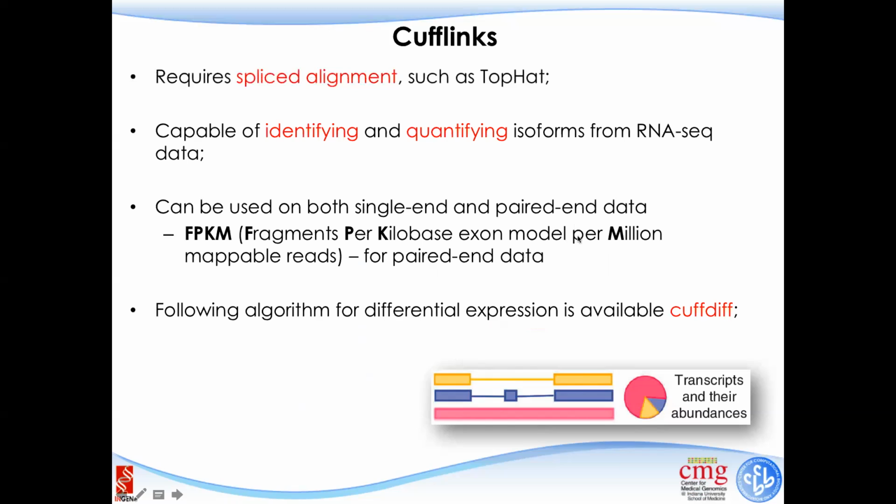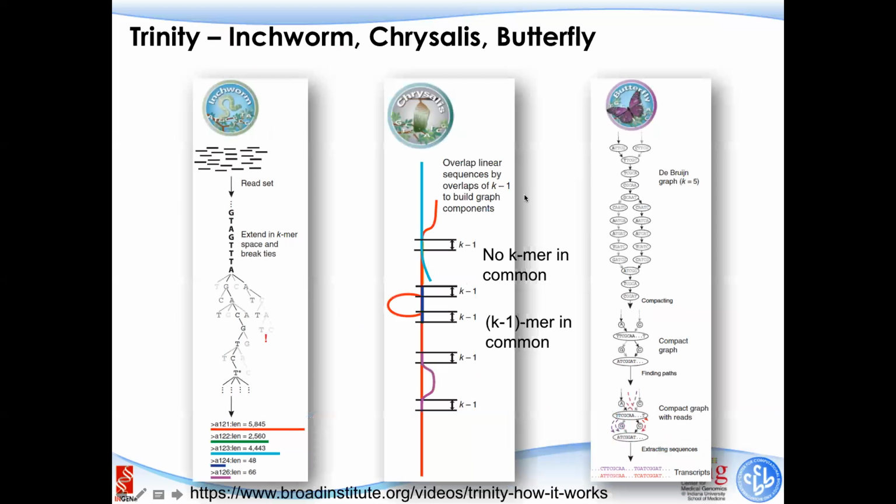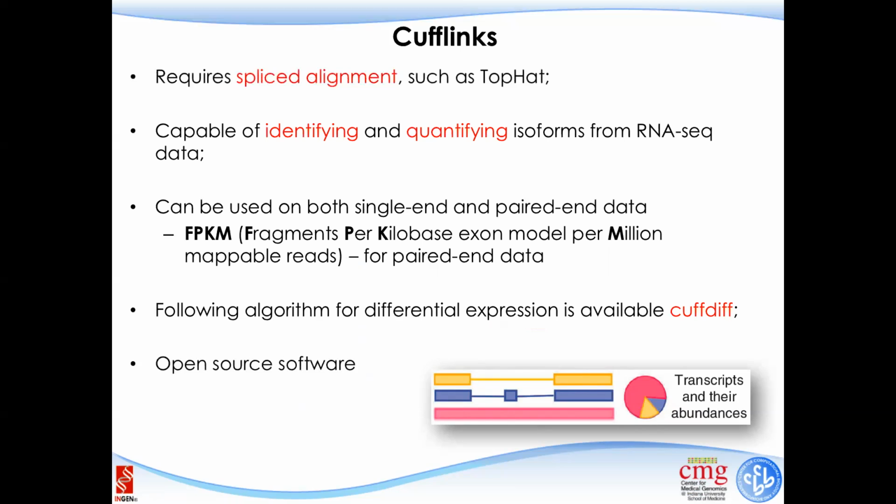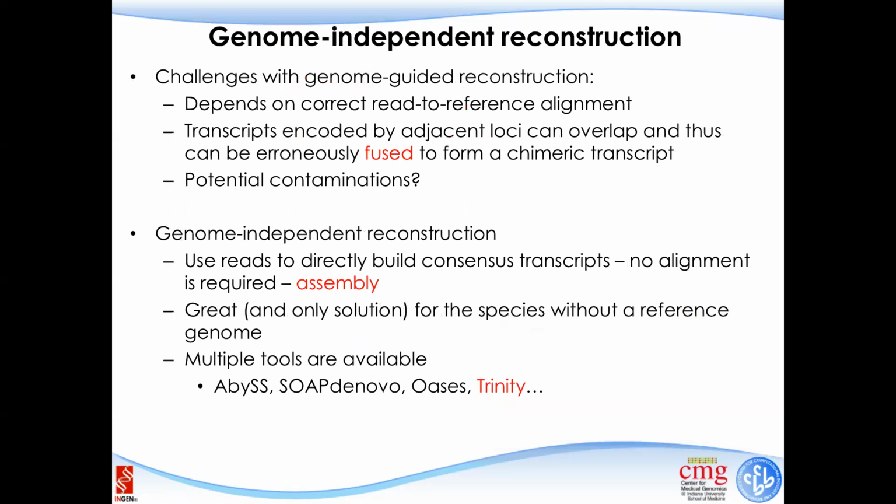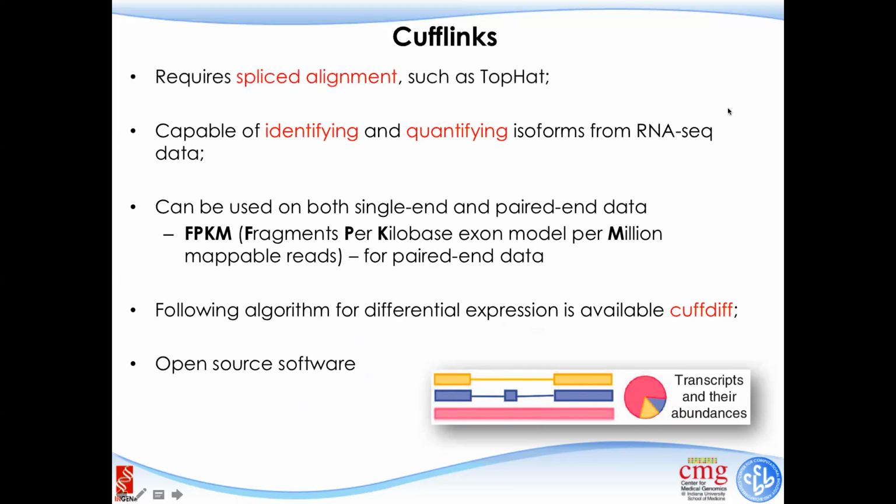I think the original design is with FPKM of the paired data as input. There are following algorithms for differential expression testing, namely Cuffdiff, and if you use this pipeline, you can search Cufflinks and TopHat, and you will see some manual about Cuffdiff.